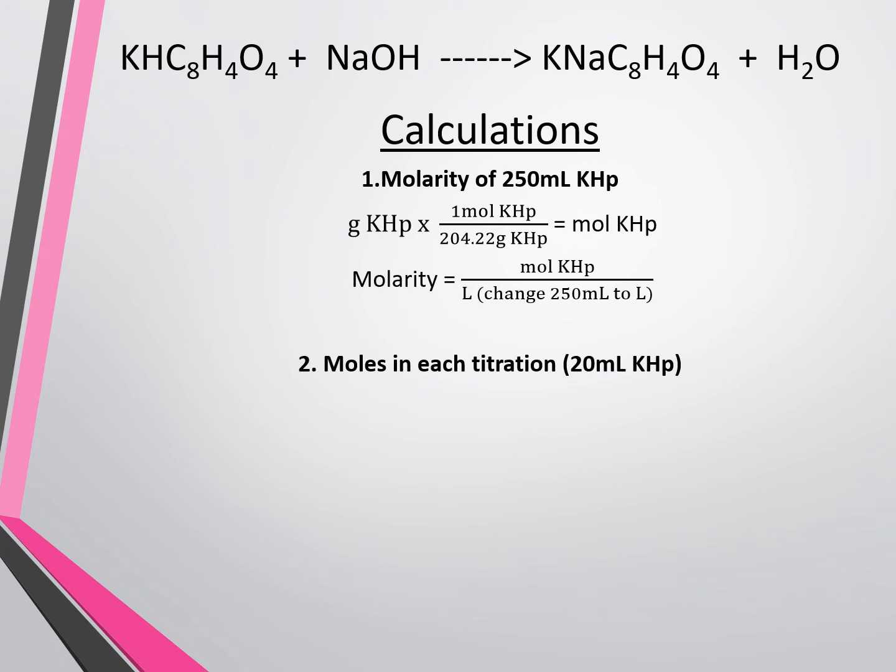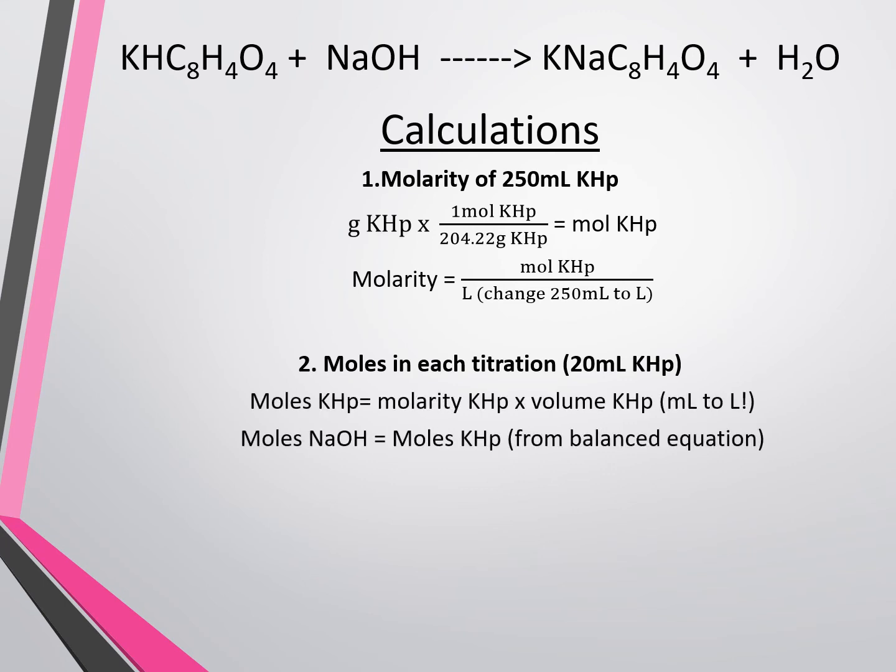Then we're going to find the moles in each titration. So this is going to be the same. We're going to do 4 different titrations in the video. So it corresponds to 2 from you and 2 from your partner. So in each titration, you're going to have the same amount of moles. So you're using the second calculation here to figure out how many moles are in each of those titrations.